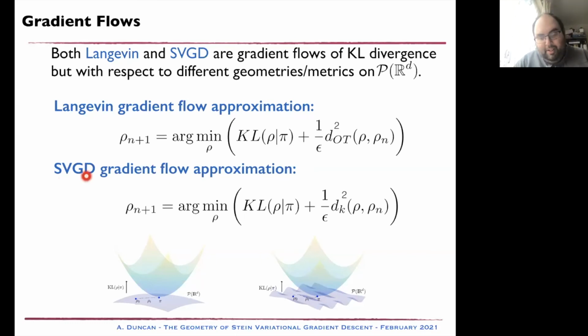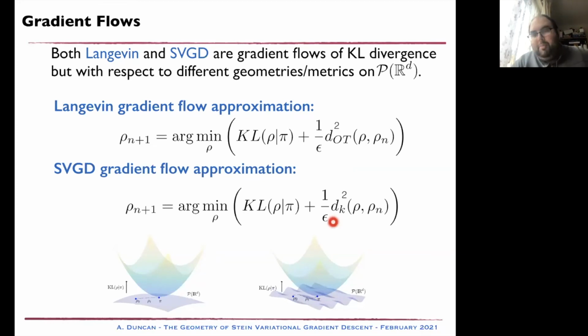It turns out that SVGD has exactly the same formulation. What's different here is that the distance with respect to which we constrain ourselves to be close to the previous step is different. In fact, the distance here for Langevin is what we call the optimal transport distance.